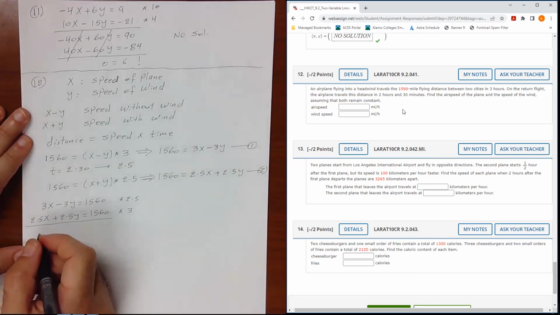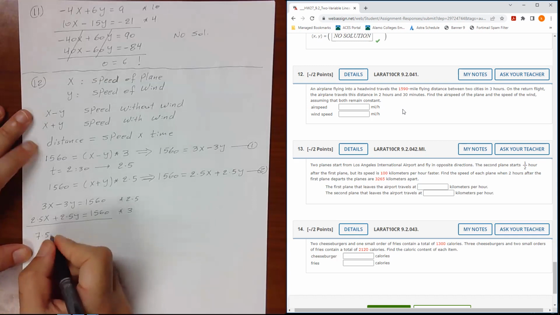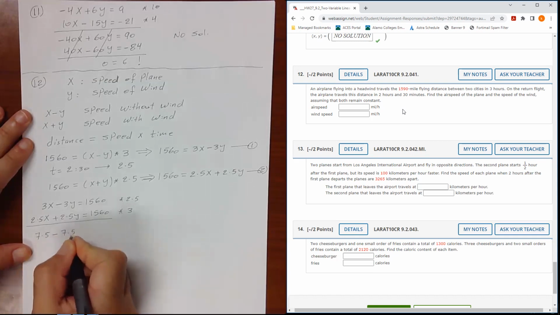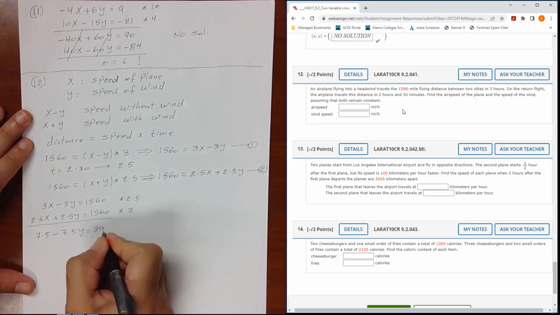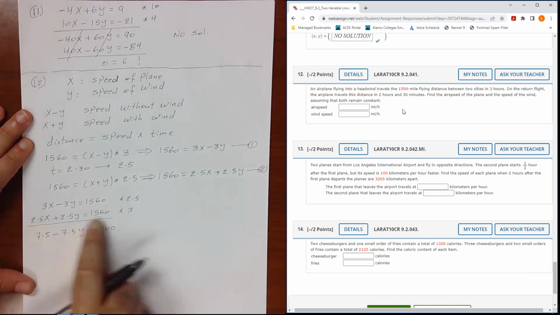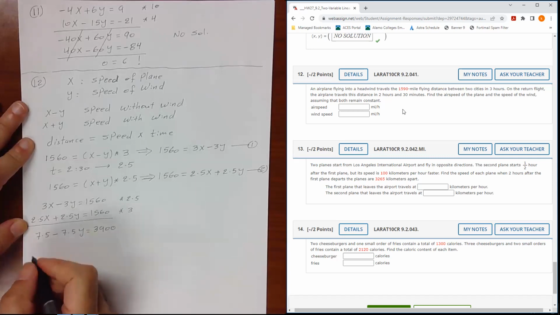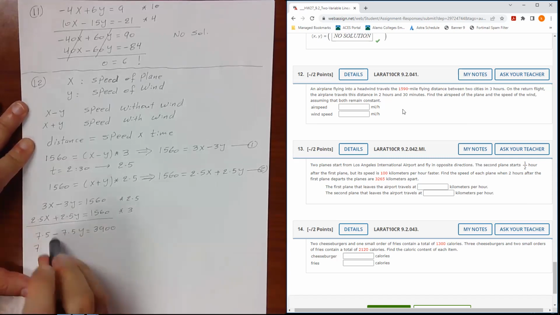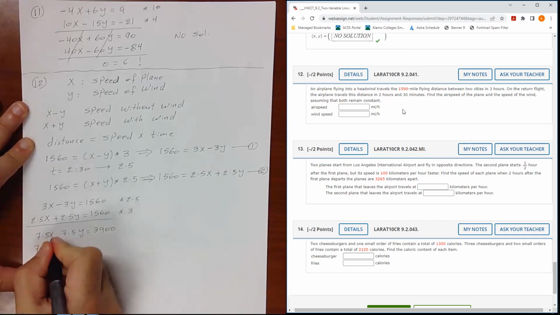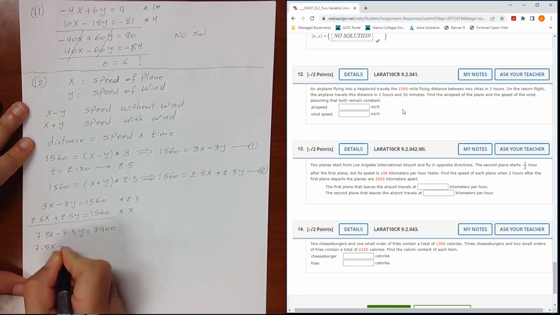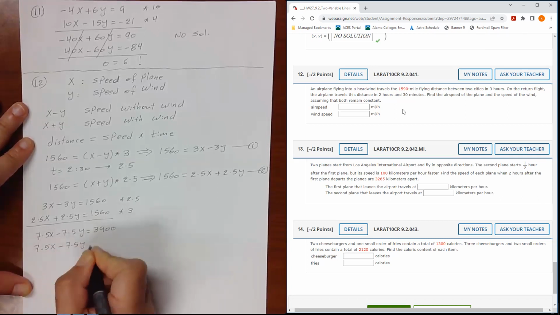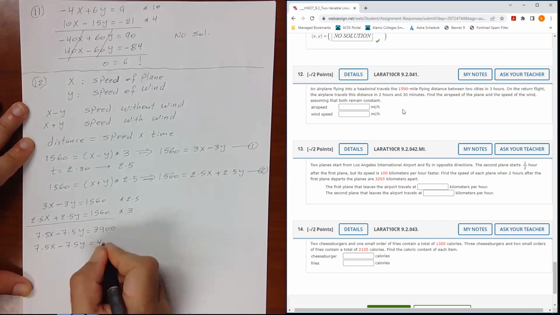So this one is going to be 7.5x, talking about the first equation, minus 7.5y equal 3900. The second equation multiplied by 3 is going to be 7.5x, I forgot the x here, plus 7.5y equal 4680.